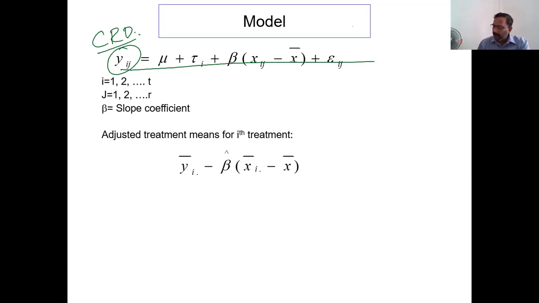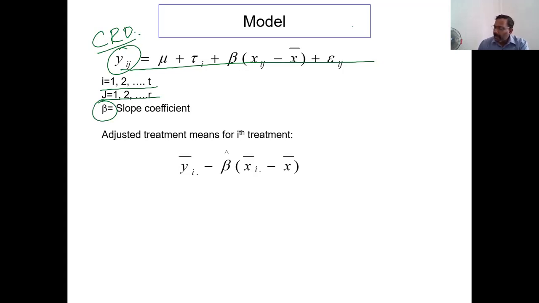So this is the observed value of ith treatment in jth replicate. That is why ij. I is from 1 to T, J is from 1 to R, R is replicate. In addition to that, here we have beta, that is the slope coefficient.